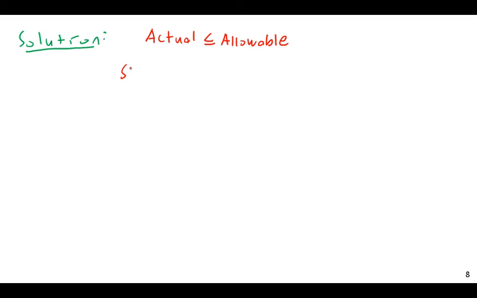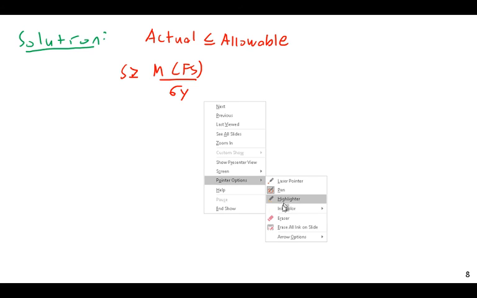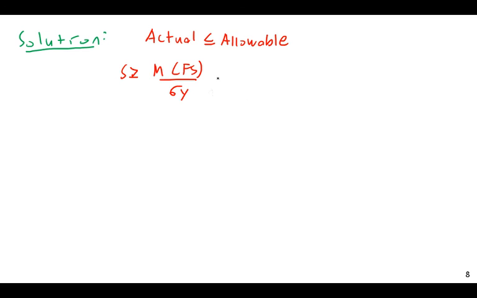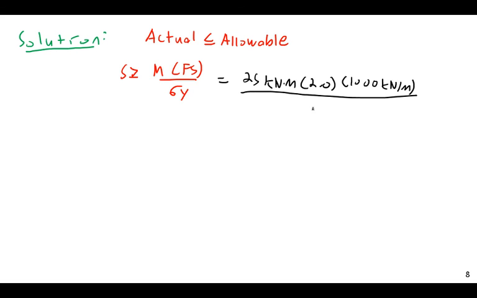And then S is greater than or equal to M times the factor of safety over sigma Y. So it always comes back to that. And that is simply 25 kilonewton meters times 2.0 times 1,000, just doing a unit conversion, all over the yield stress of 250 times 10 to the 6 pascals.